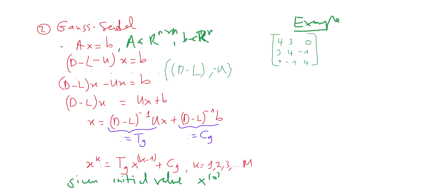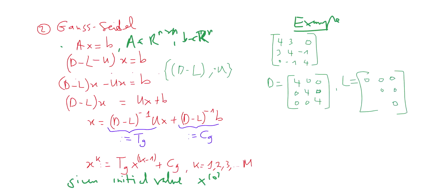So again, we have a D, which is going to consist of only the diagonal terms. Don't forget, every other term is 0. Then you have some L, which is going to be the lower terms, so 0 on the diagonal and 0 on the upper parts, and then we have minus 3, 0, and 1, because I said the L must have a negative going in.